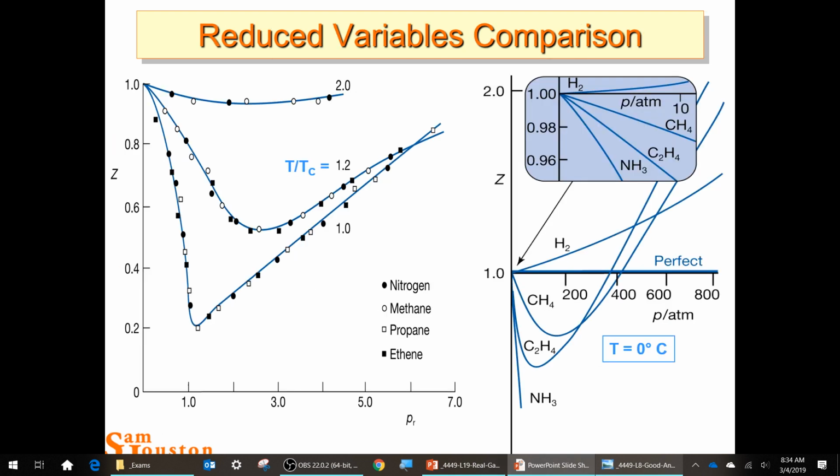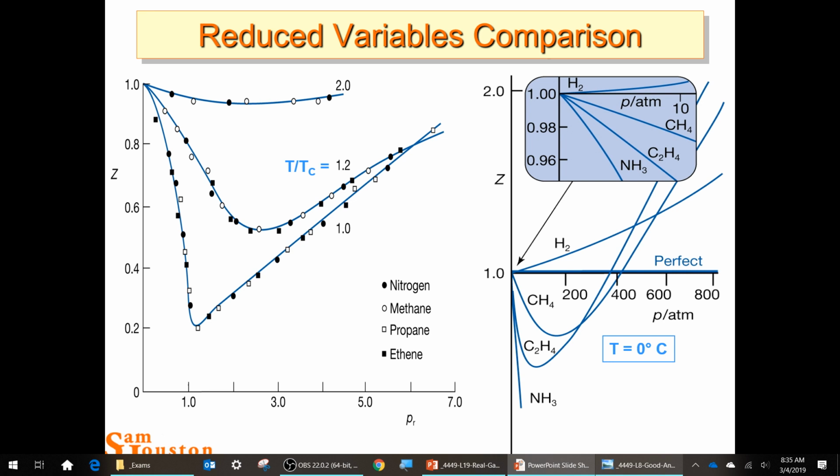Look at what happened here. We've taken this compressibility factor plot, where all the different gases had different lines. When we divide their pressure, temperature, and volume by their critical constants, they all fall on the same line. That's crazy. So this is a Z plot, a compressibility factor plot, at T over Tc of 1.2.